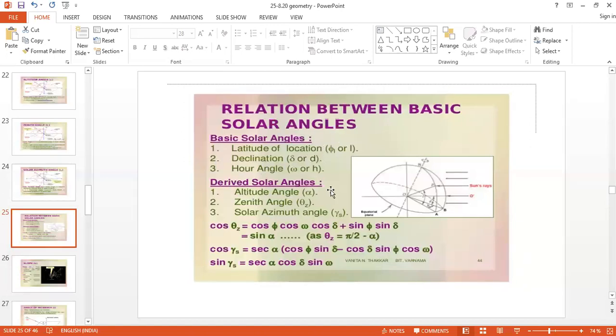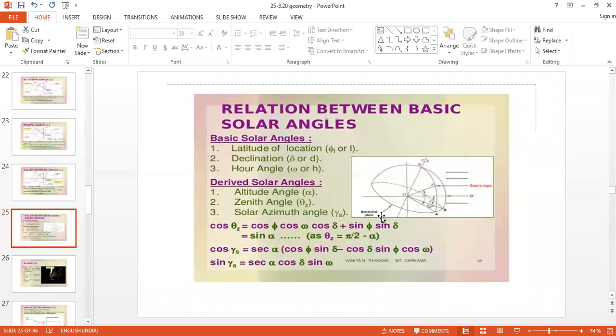And the derived solar angles: altitude angle alpha, zenith angle theta z, and solar azimuth angle gamma s. So in this figure we have seen the sun's rays beam on earth. This is the projection P. We have seen where are phi, delta, omega, alpha, theta z, and gamma s.